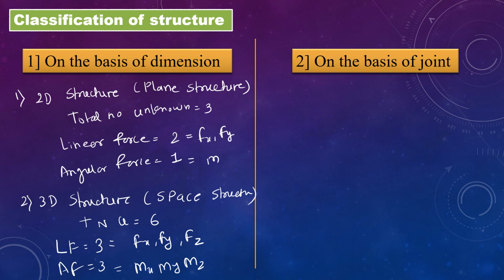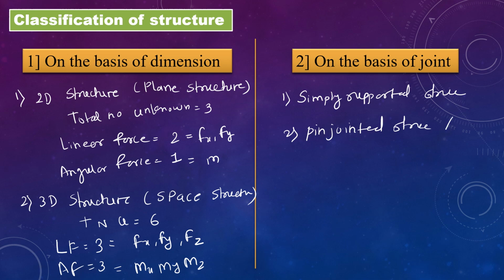On the basis of joint, there are 4 structures. In that, first is simply supported structure. Then second is pin jointed structure. So pin jointed structure is also known as trusses or truss structure. Then third is rigid jointed structure.